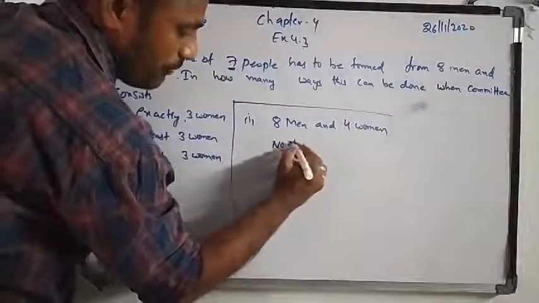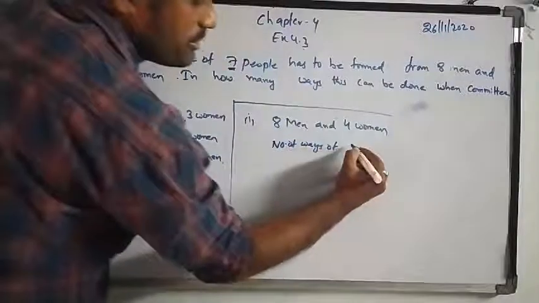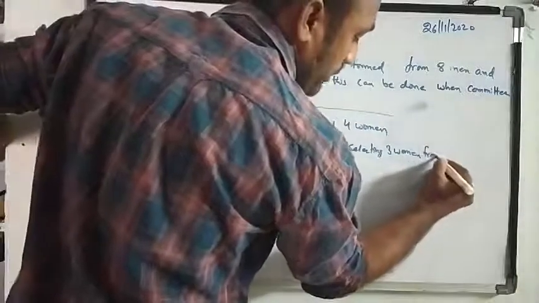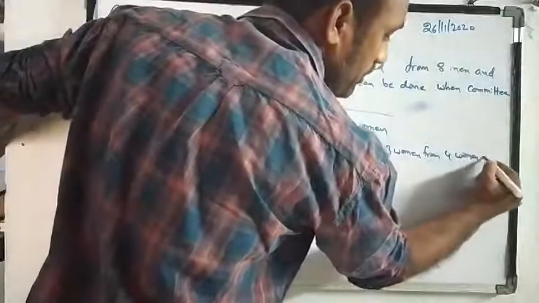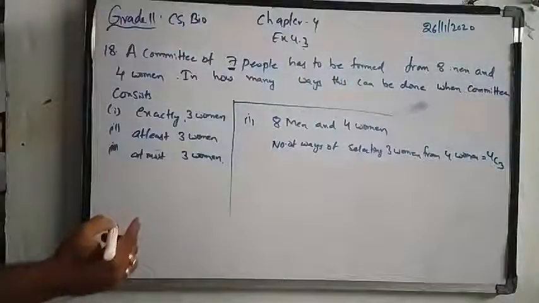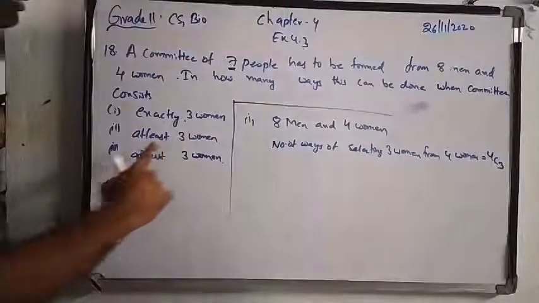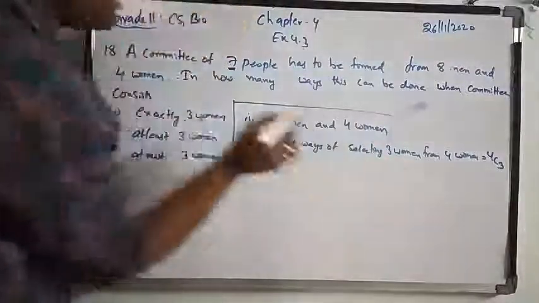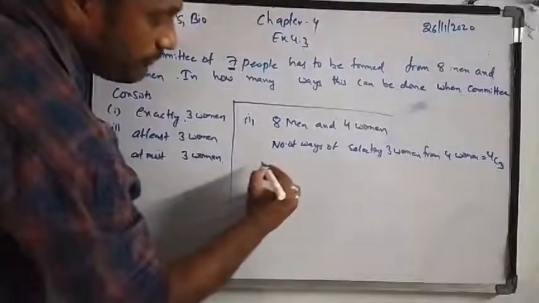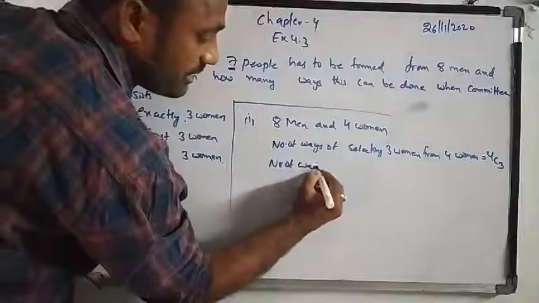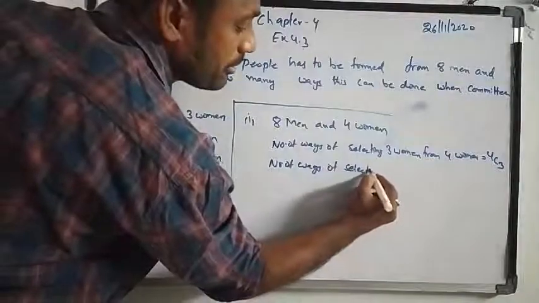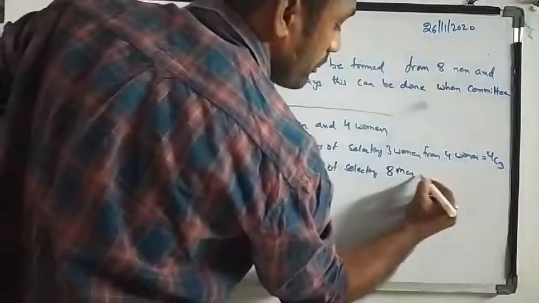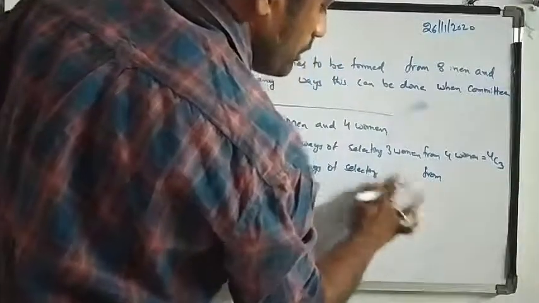So number of ways of selecting 3 women from 4 women is 4C3 ways. Next, exactly 3 women we can select in 4C3. Totally we have selected only 3 people. Again 4 people are left. So the number of ways of selecting from 8 men: we need to select again 4 men.